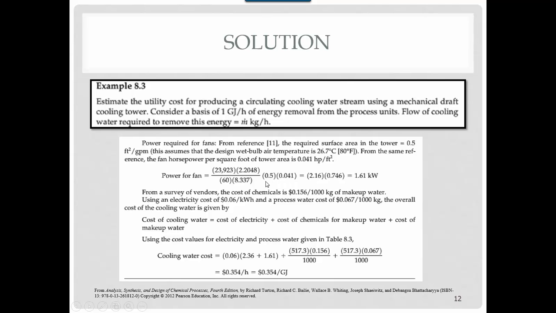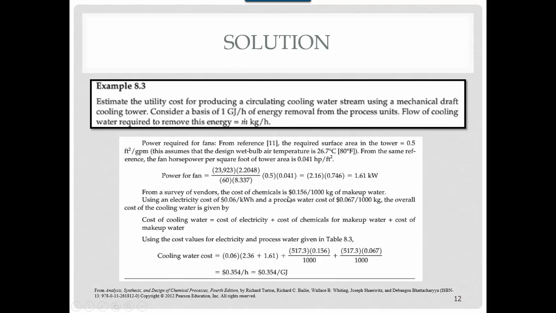This is the square feet per GPM, so I've got this into GPM and square feet now, and then the 0.041 is how many horsepower per square foot. Again, this is a literature value. Converting this over to kilowatts, we get 1.61 kilowatts. A lot of these are unit conversions: this is my horsepower conversion, this is my area per GPM. And so I end up with 1.6 kilowatts required for the fan.